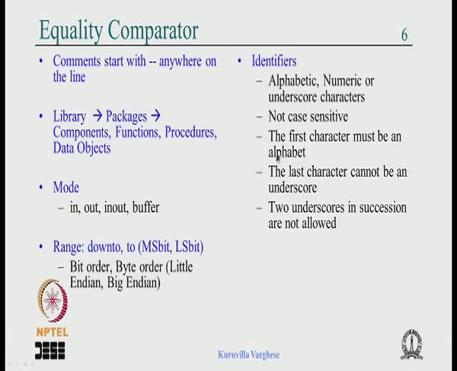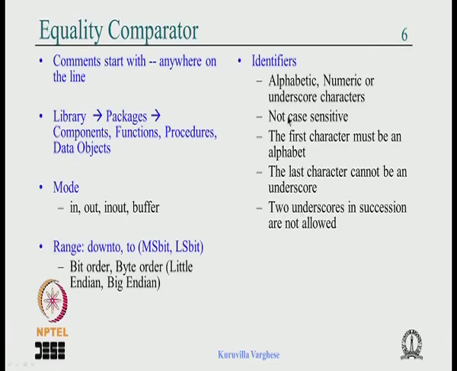And when you define some name, you can use alphabets, numbers and underscore, and it is not case sensitive. The first character should be an alphabet, the last character should not be an underscore, and you should not have 2 underscores in succession.